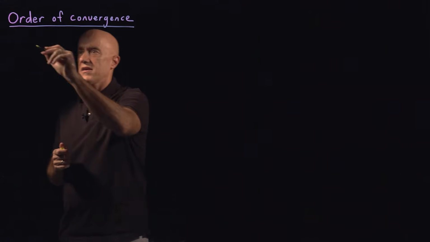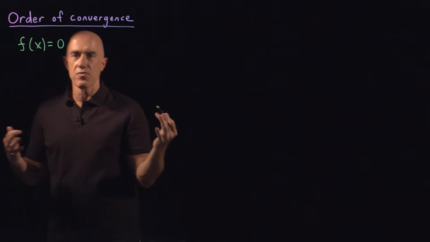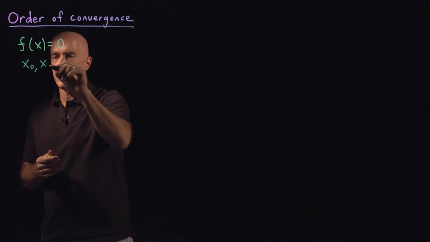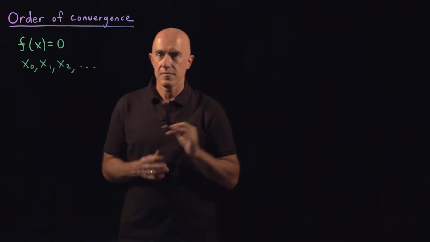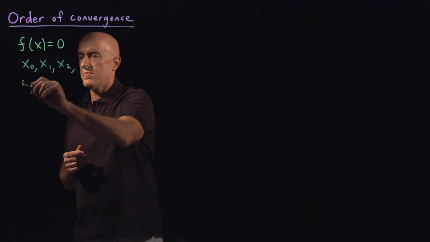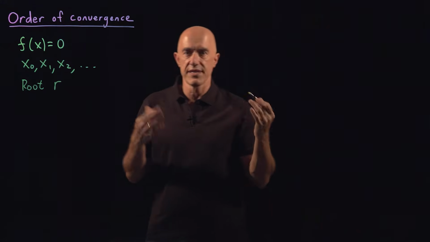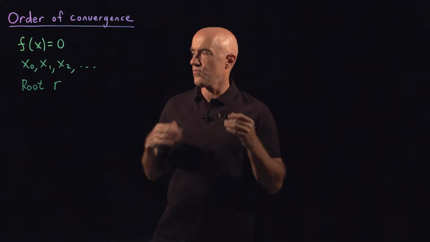So we're solving f(x) = 0 with some iteration method. So we end up with iterates x0, x1, x2, and so on. The root is going to be r, right? So that our sequence of x's is trying to converge to the root.